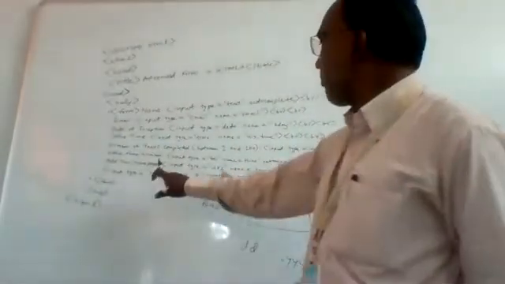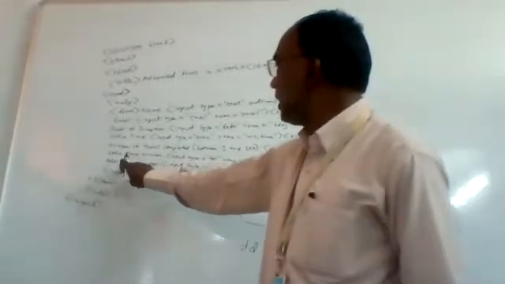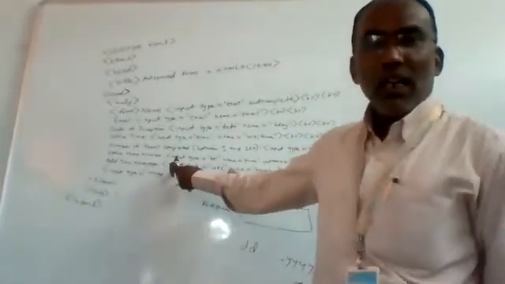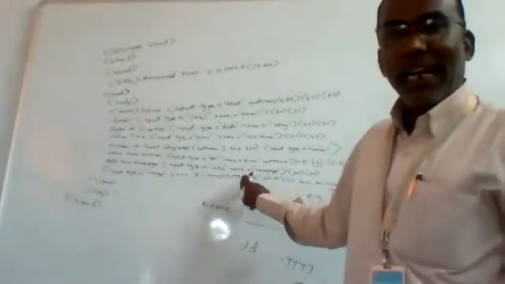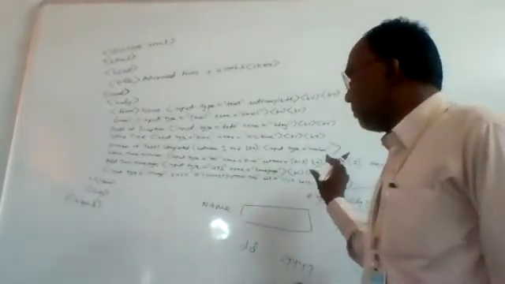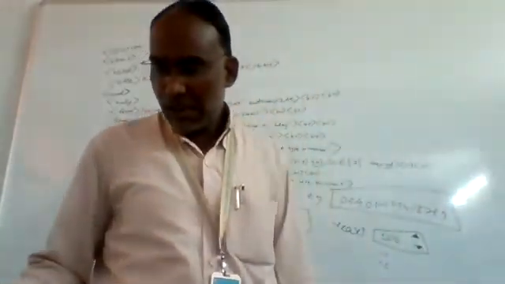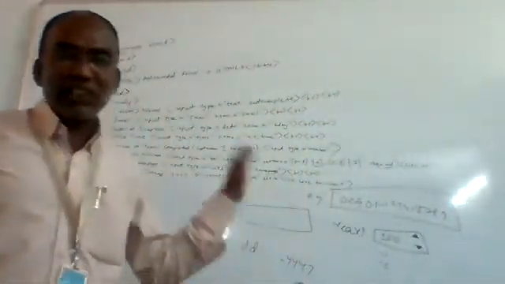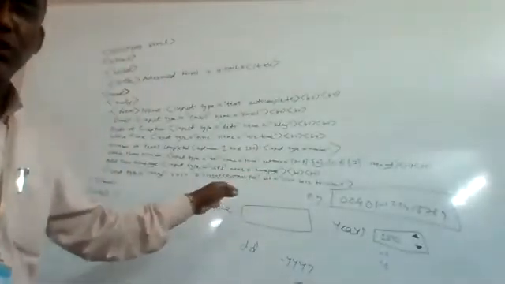Next, add your home page. Input type is equal to URL. Name is equal to homepage. BR tag. So it will ask for a home page.